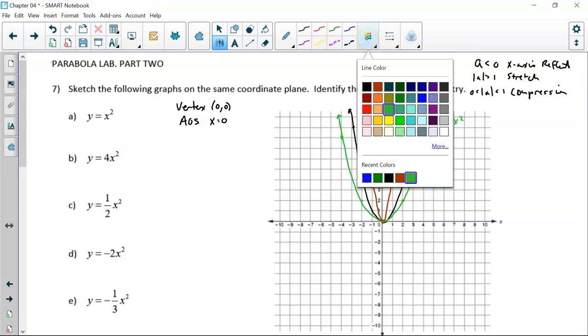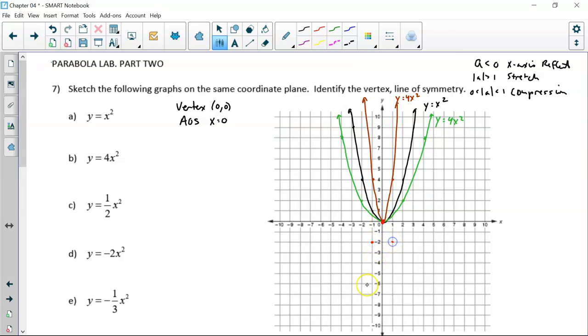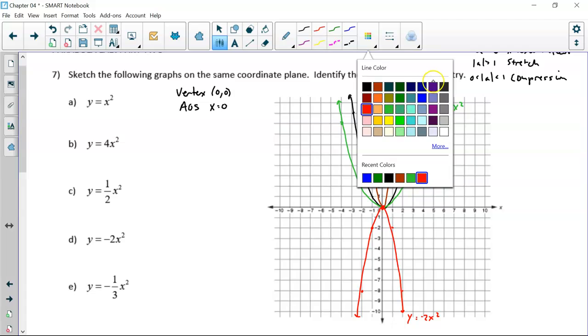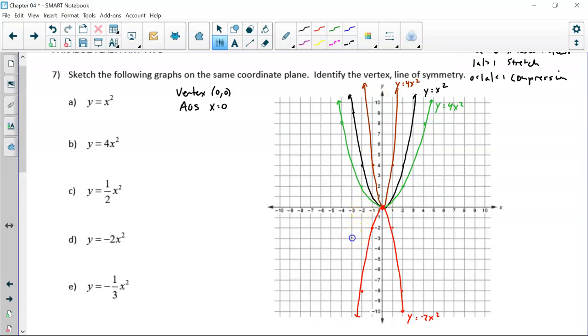And now for negative 2x squared, that's going to have a stretch, as well as it's going to be reflected along that x-axis. So the vertex is still there. So there's y equals negative 2x squared, and the negative 1/3 x squared is going to be wider.